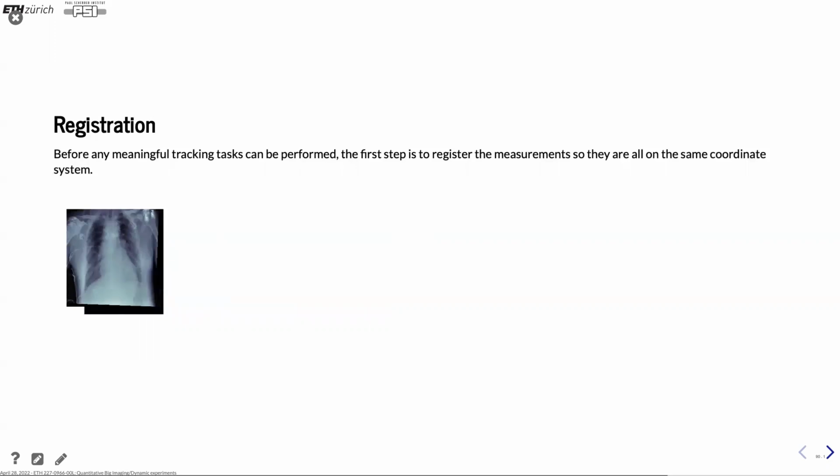So now we have learned how to find the positions, and one task that we often do is registration. In this case, we have a sequence of images from the same patient taken at very different times. And as you can see, it's moving around a lot.